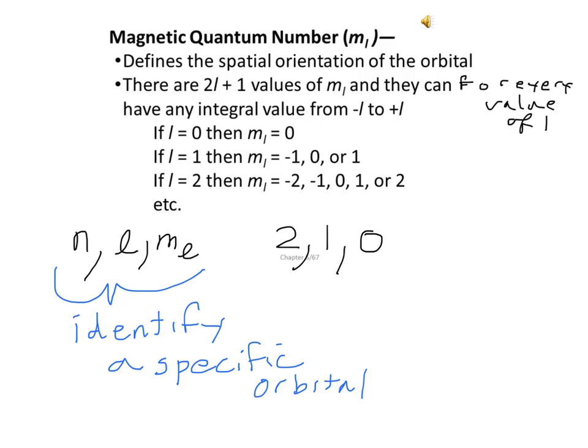you would have an orbital in the second energy level. Oh, by the way, quantum numbers are always listed in the order of N, L, M sub L. And L equals 1, so that means you have the P subshell.